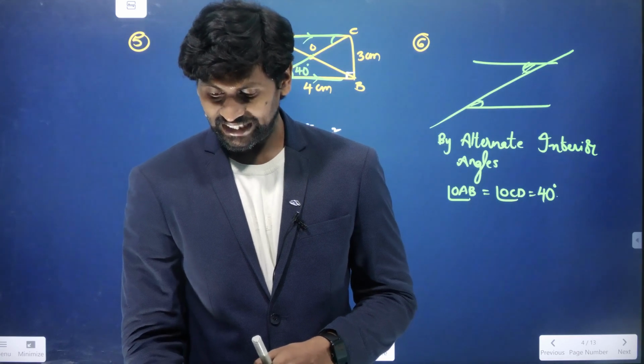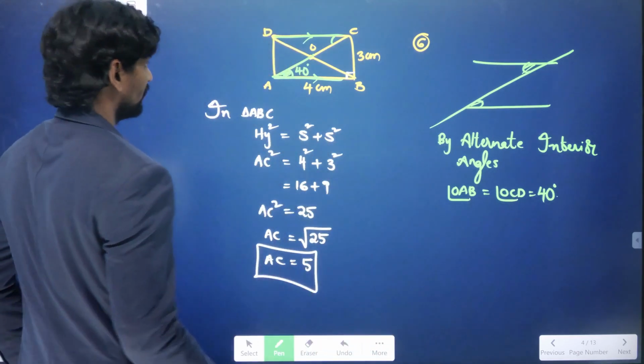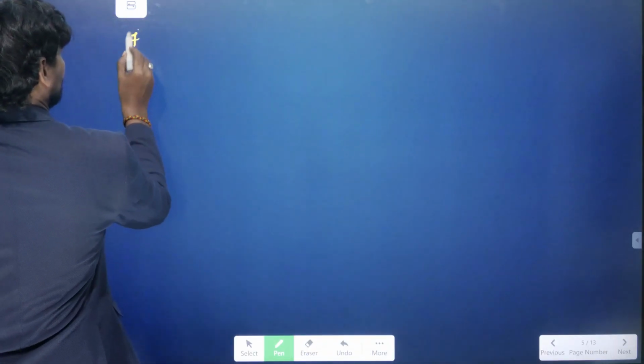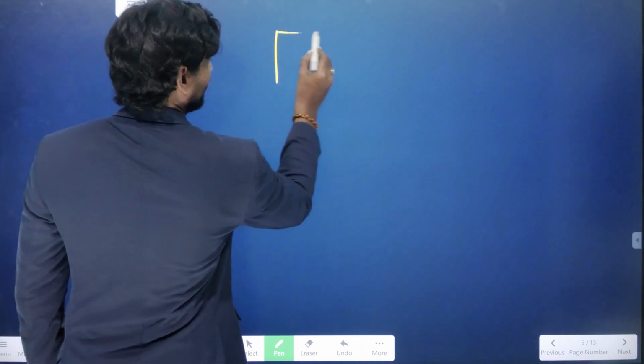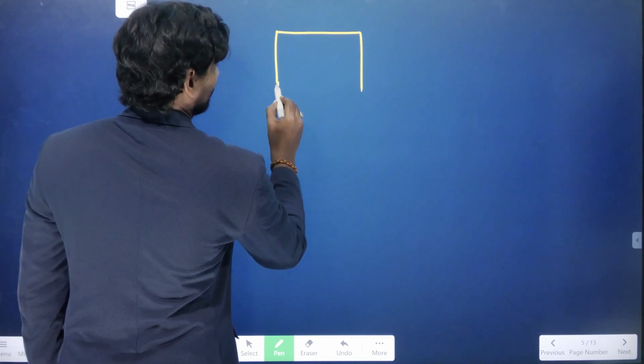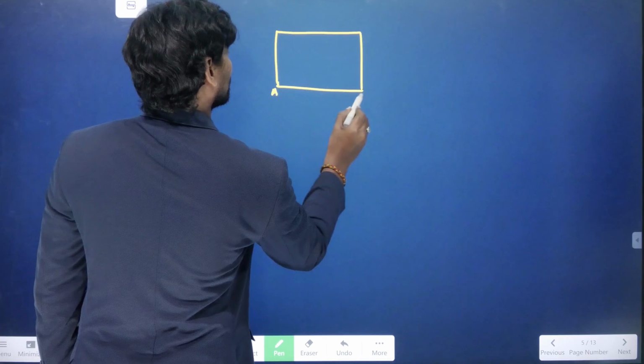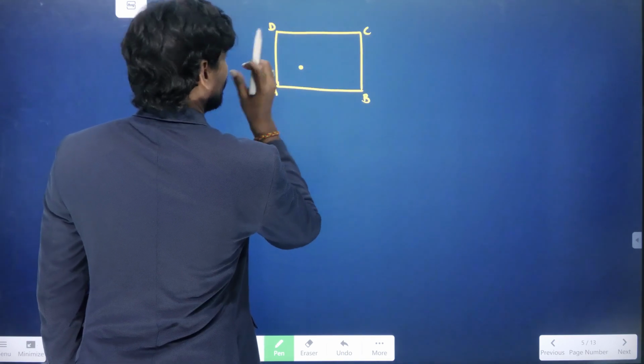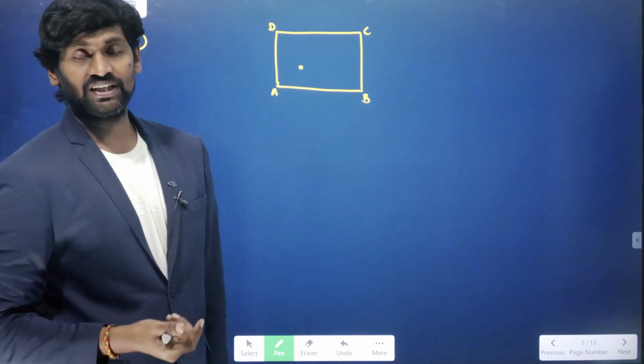Now question number 7: ABCD is a rectangle. O is an interior point of the rectangle. An interior point is nothing but a point placed in the interior part of the rectangle. That means we don't know exactly where it is.